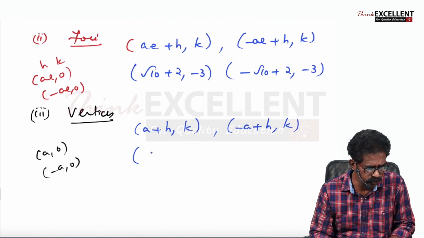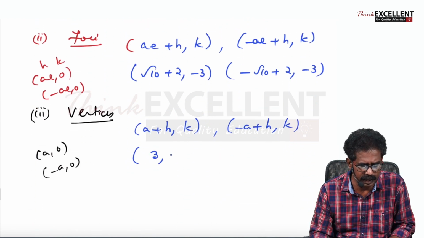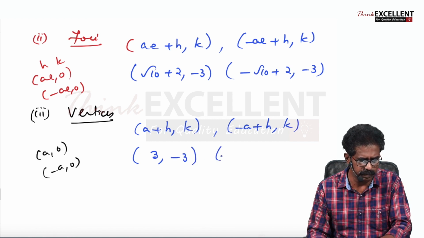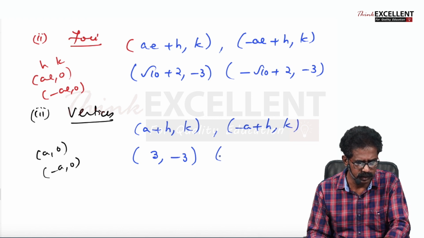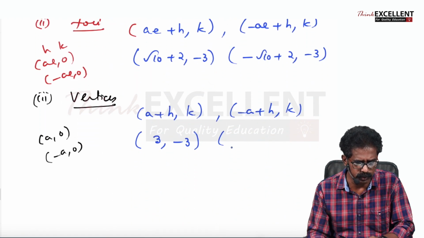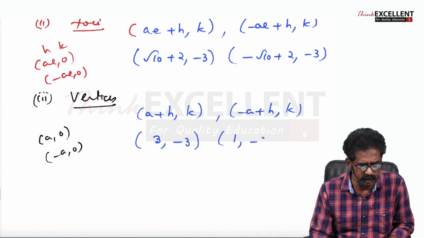So 1 plus 2, it is 3, and K value minus 3. Minus A means minus 1, right? Minus 1 plus H, minus 1 plus 2, so it is 1 comma minus 3.